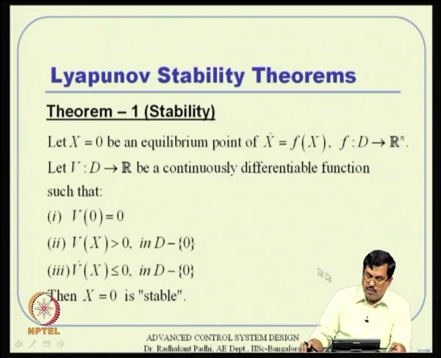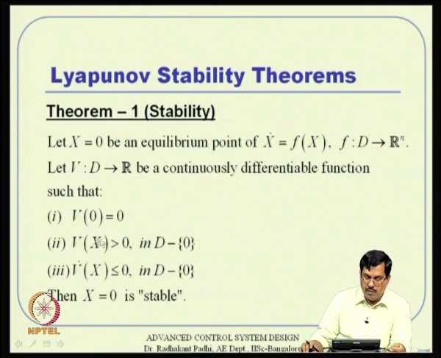Then with that we had a bunch of theorems, the Lyapunov stability theorems. The first theorem says that if x equal to 0 is an equilibrium point of this system, provided V is a continuously differentiable function such that these things happen. If it is a continuously differentiable function, and in addition points number 1 and 2 are also satisfied, then it is a positive definite function.